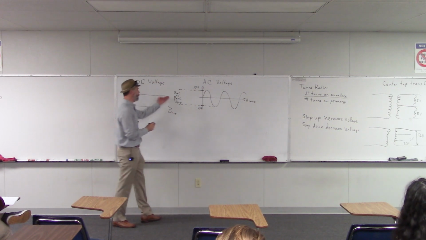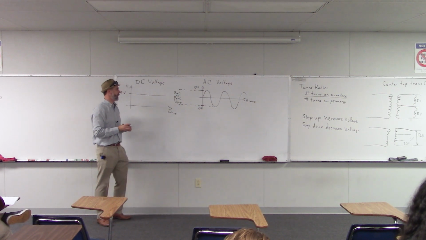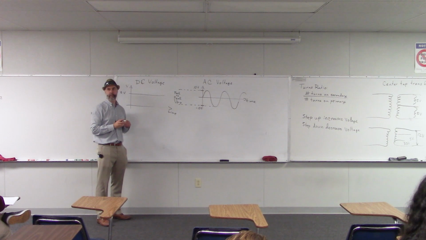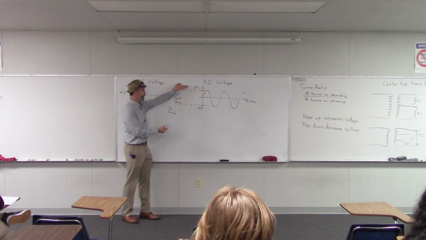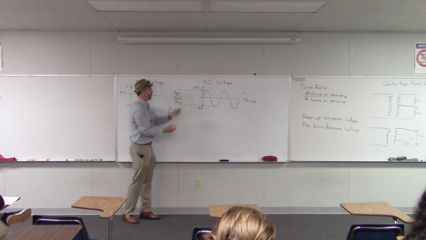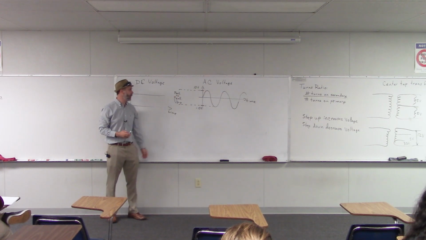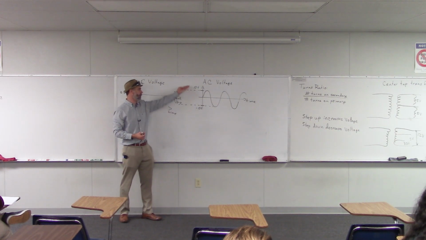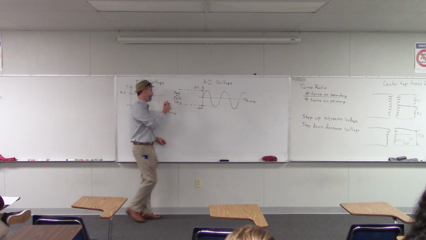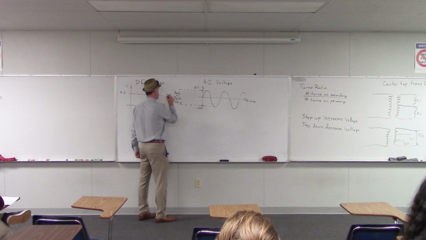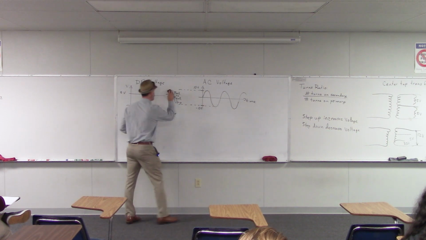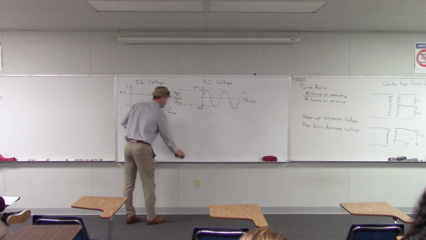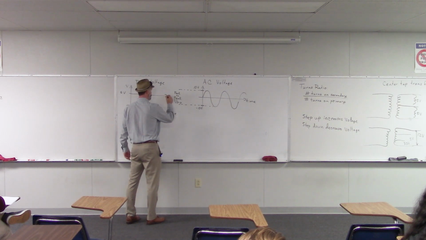So what would the peak-to-peak voltage be in this case? It's the voltage difference between 10 and minus 10. That distance from 10 to minus 10 is 20 volts. So we would say you could call this signal 20 volts peak to peak.